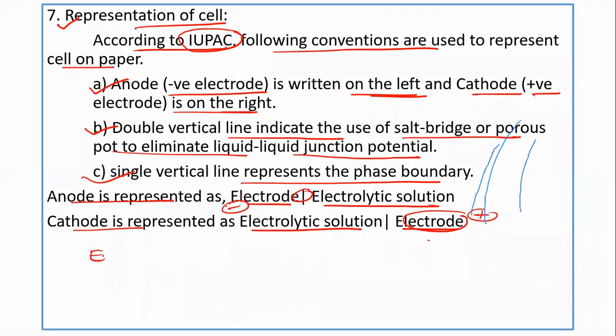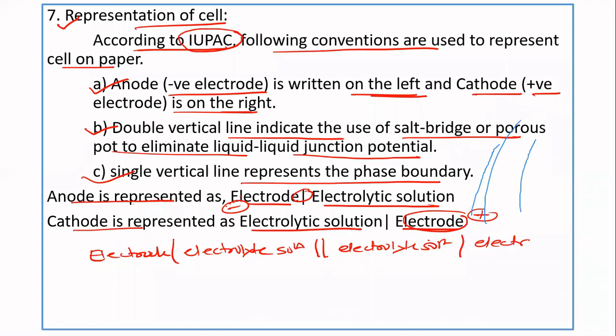So this anode is written as the electrode, phase boundary, electrolyte solution, and here double vertical line, that means use of salt bridge. Again another electrolyte solution and phase boundary and the other electrode, that is cathode. This is cathode as it is written on the right side, and this is anode, negative electrode, because it is written on the left side.